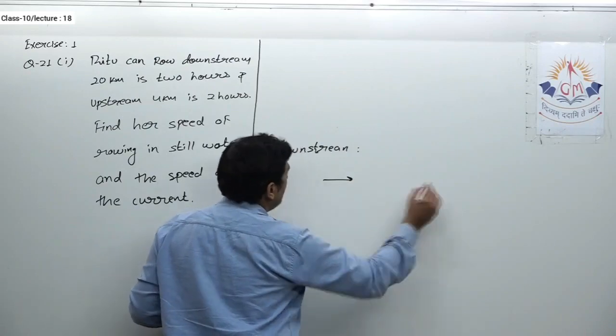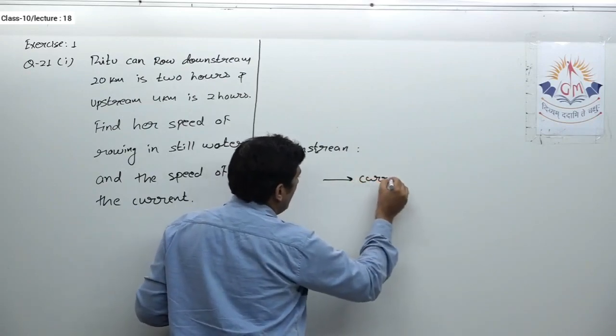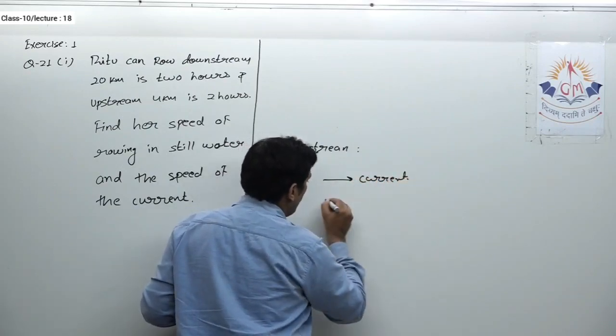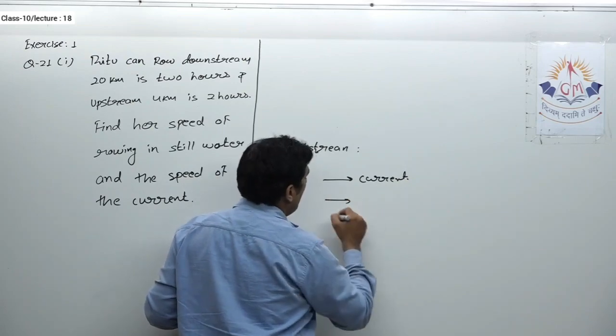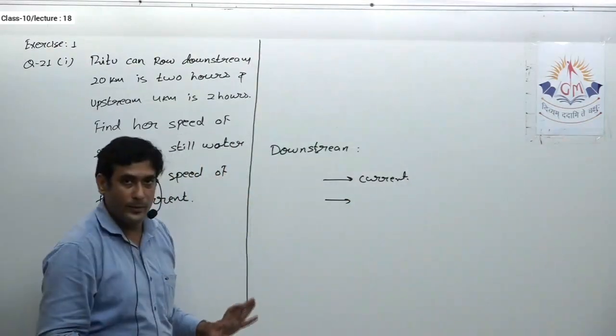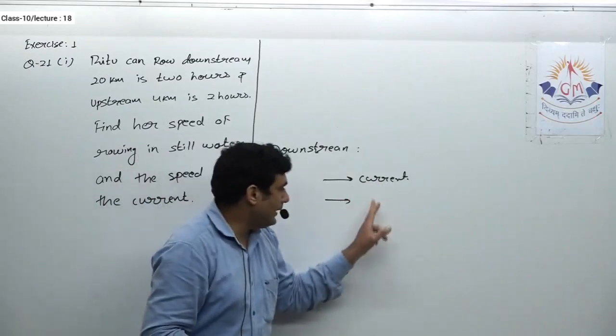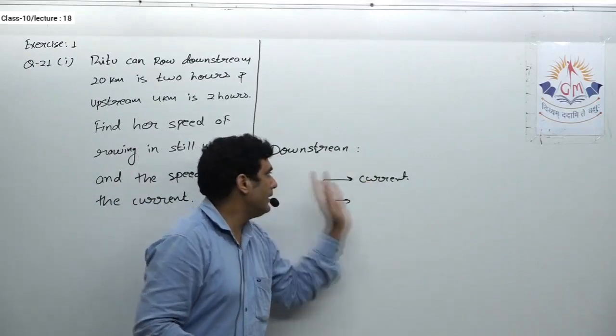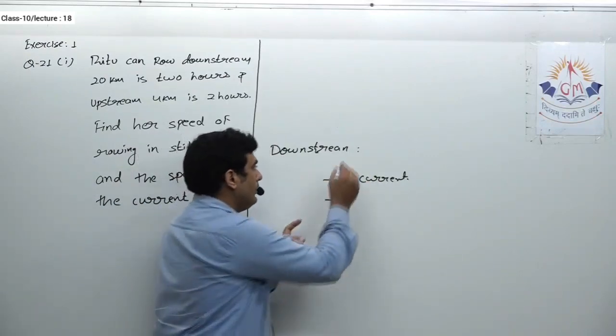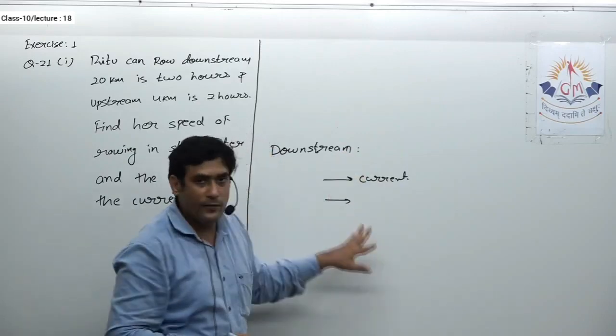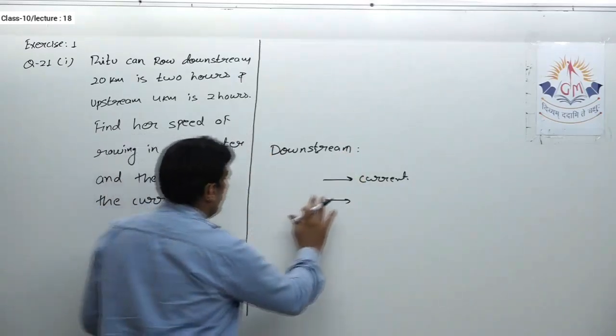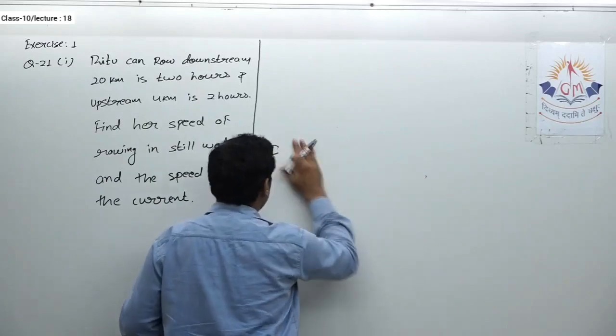So when both the current and the person or the boat are in the same direction, we say it is downstream. Otherwise it is upstream.